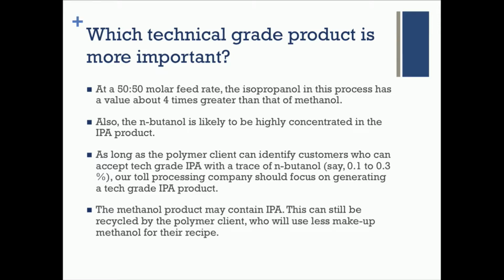We will probably need to make sure that the clients that our polymer company would be selling the isopropanol to can accept material with N-butanol in it. It does reduce the value of the technical grade a little bit, but this is also a way of getting the N-butanol out of the process. If we simply recycled this material, this would eventually build up in the polymer process and could be a problem.